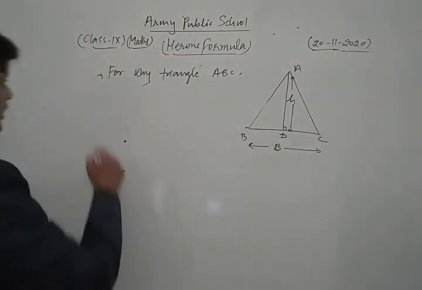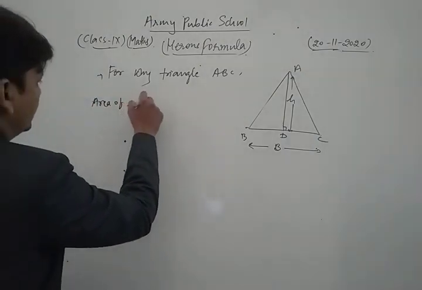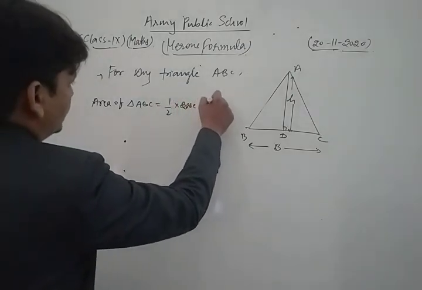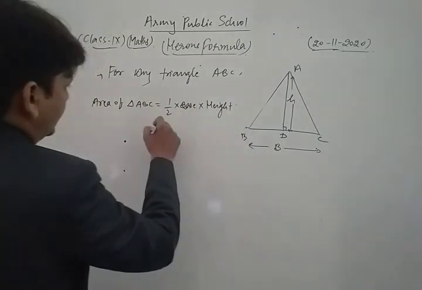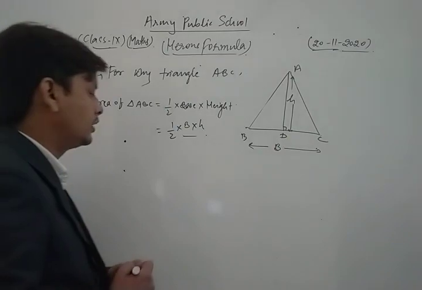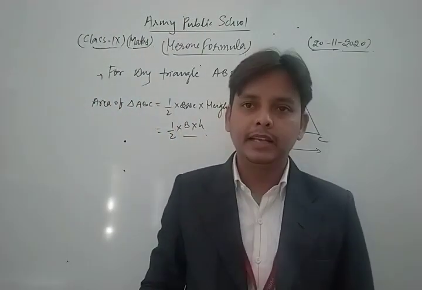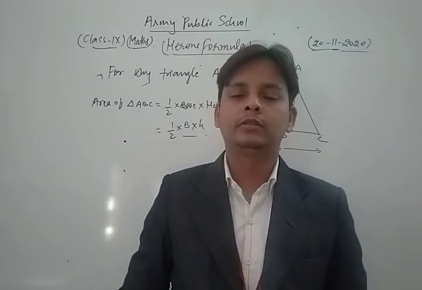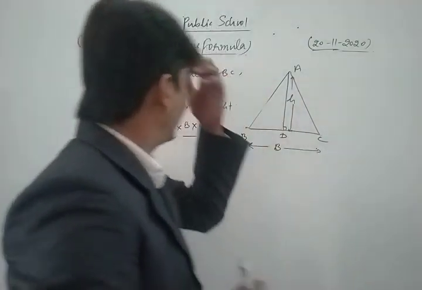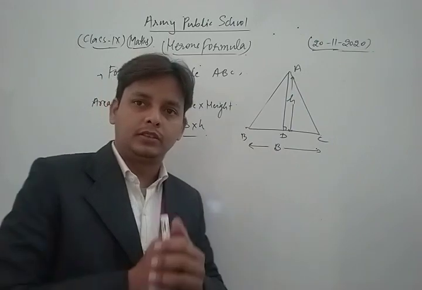Then the area of triangle ABC is equal to 1 upon 2 base into height, that means 1 upon 2 into base into height. So this is the general formula of a triangle when its base and a perpendicular height corresponding to that base are given. In that condition, we apply the formula 1 upon 2 into base into height.